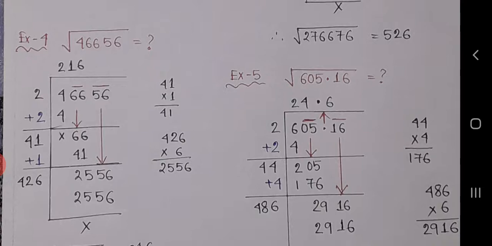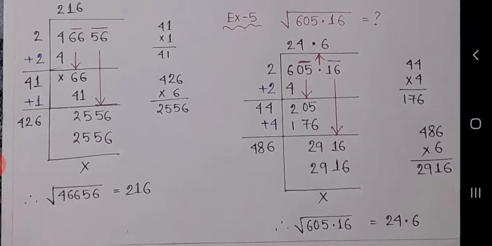Next we bring the third pair down and find the magical number 6, and the answer is 216.